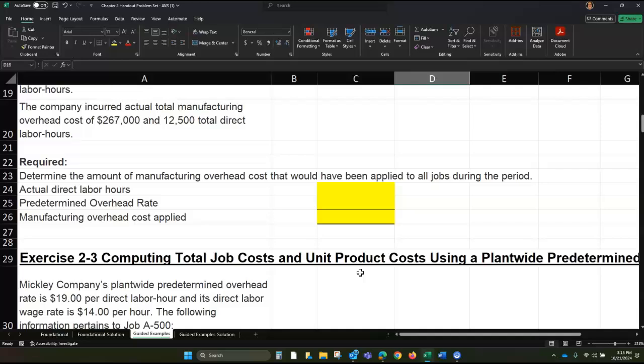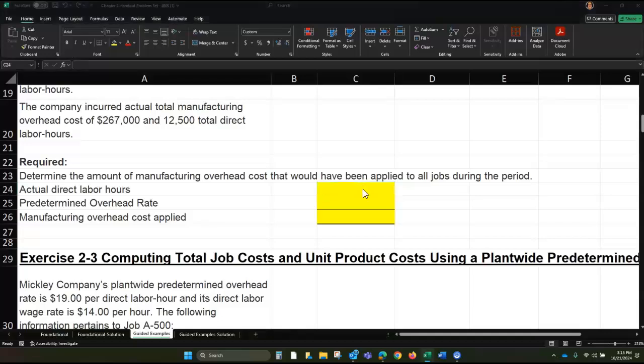When we look at actual applied overhead, we look at the actual number of hours. How many actual hours did we have? The 12,500.